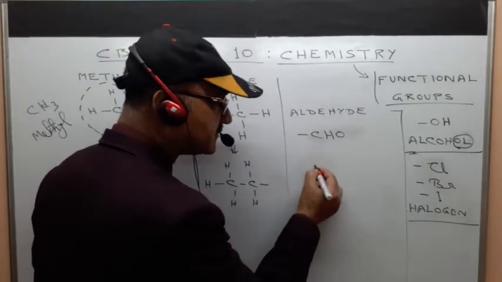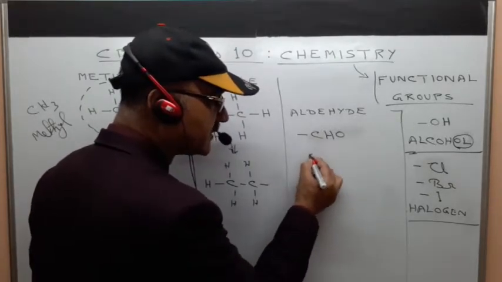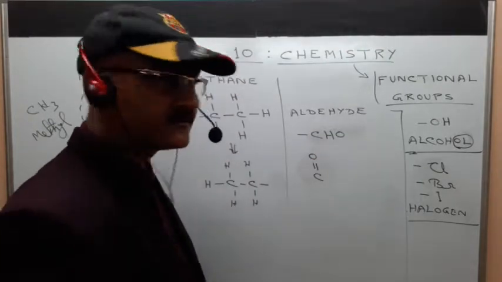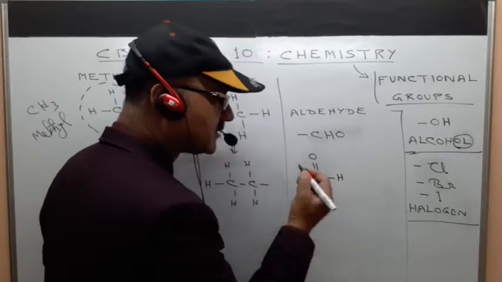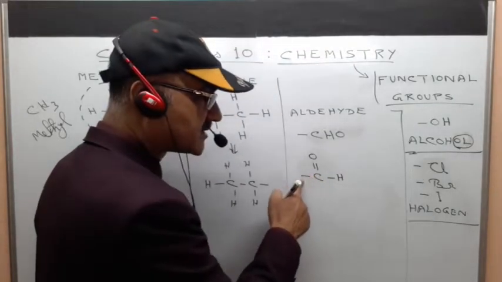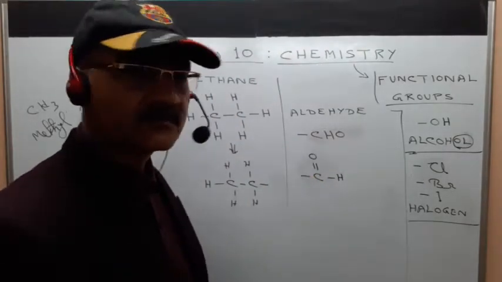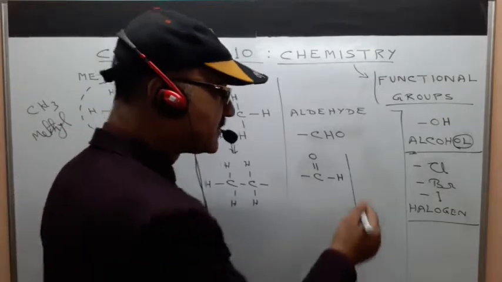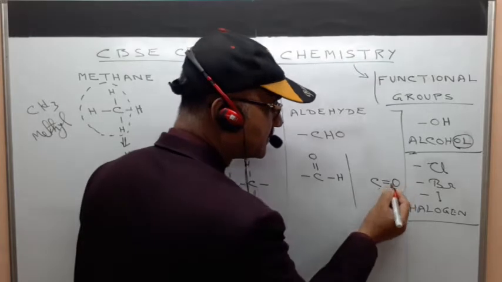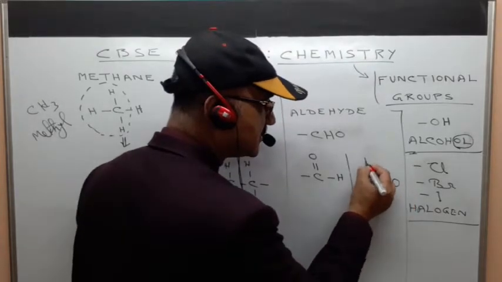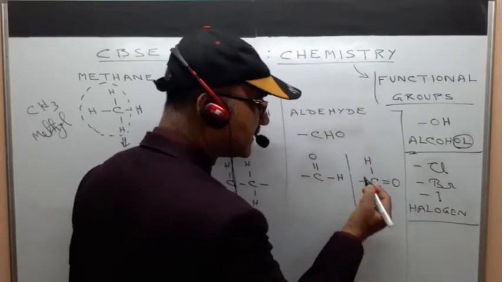The carbon atom has a double covalent bond with oxygen, a single covalent bond with hydrogen, and 1 is left, so valency is 1. Or we can write it like this: carbon double bonded with oxygen on this side, single bonded with hydrogen, and the valency is here.